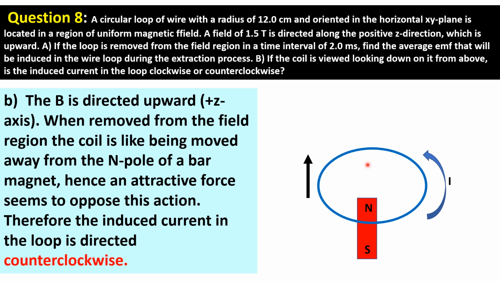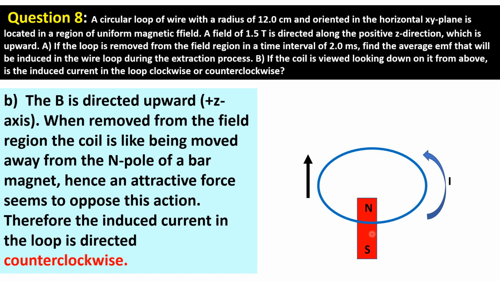Counterclockwise because your thumb will be pointing upward. The thumb is directly pointing to the north polarity of the coil, and opposite to that is the south pole. So the south pole of the coil exerts an attractive force with the bar magnet.